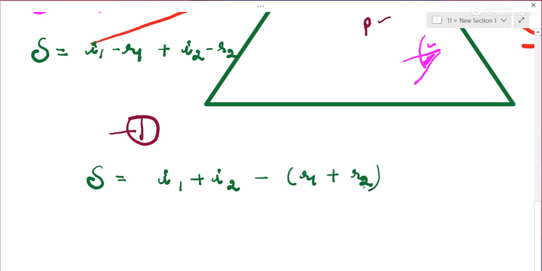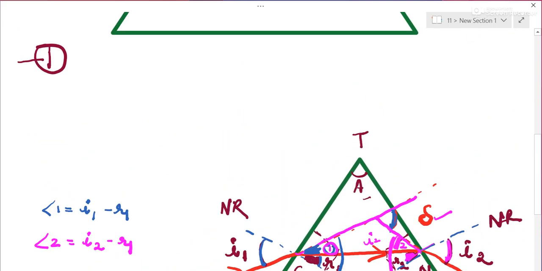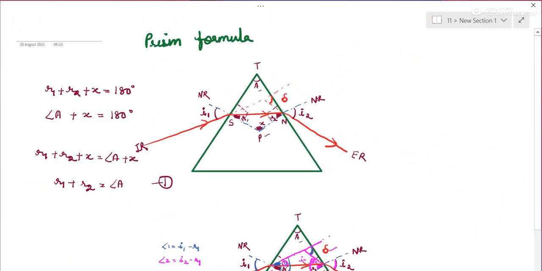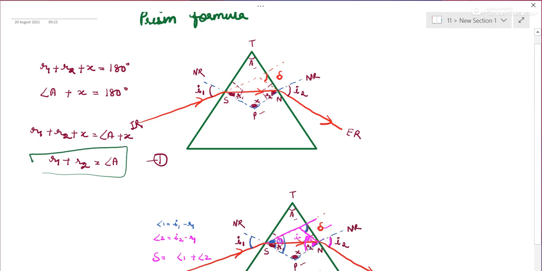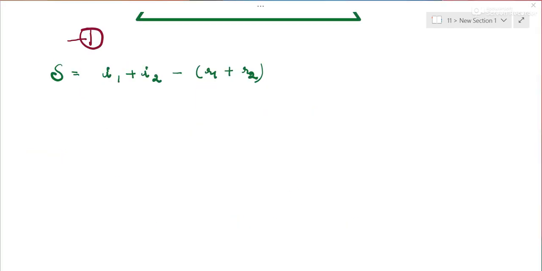Now what is equation number 1? Let me pick. This is equation number 1. R1 plus R2 is angle A. So from equation number 1, what do we have? R1 plus R2 is equal to A. Let us substitute here.